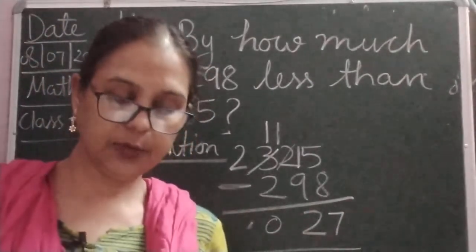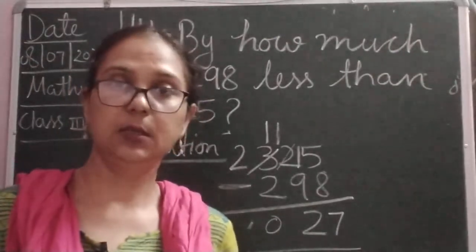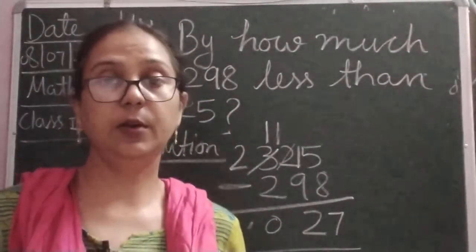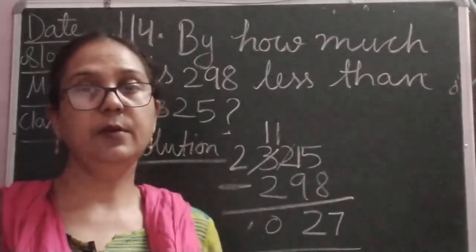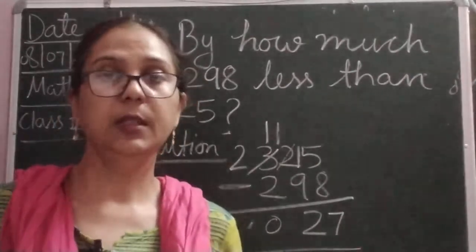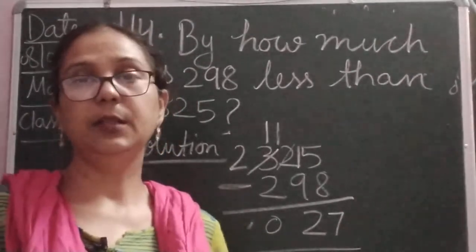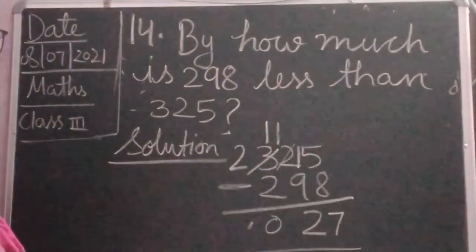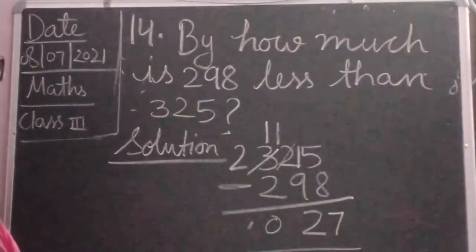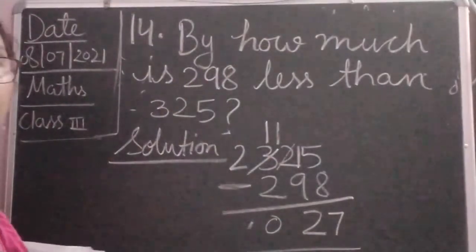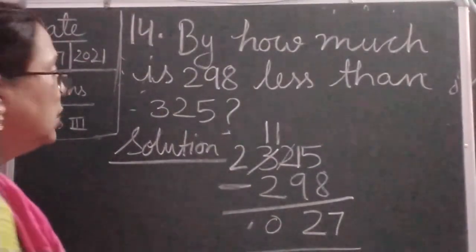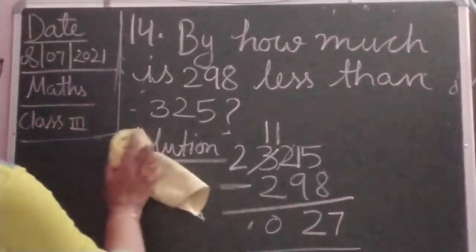So here first of all round off to tens. This is the hint, it is already given in this. So first we will write the question, children, then we will complete this answer. Okay, so I hope you have completed this. 27 is the answer.